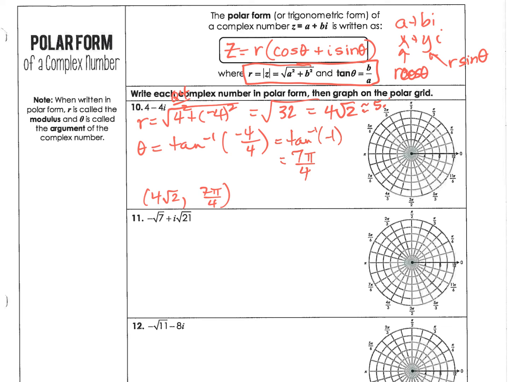About 5.6. So we're going to go over to 7 pi over 4, which is this guy right here, isn't it? And we're going to go out 1, 2, 3, 4, 5.6 will be right about here. And there's my point graphed. It's in increments of 4. Oh, is it?